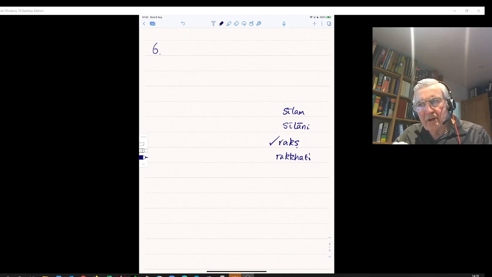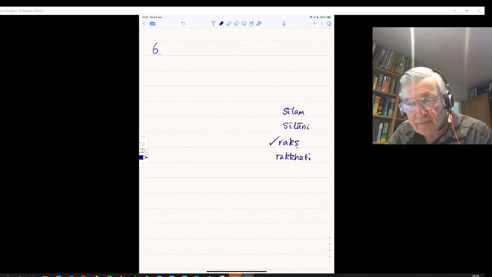If you put it in the absolutive, silani rakitva, that can have the meaning, it can be a purely concurrent meaning, but it can also have the meaning of doing one then the other, or doing one by means of the other.